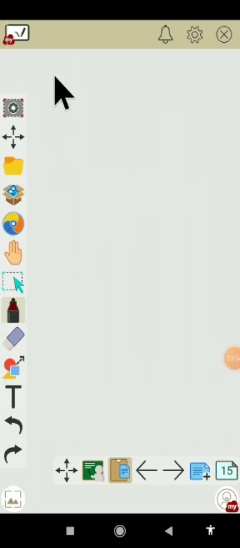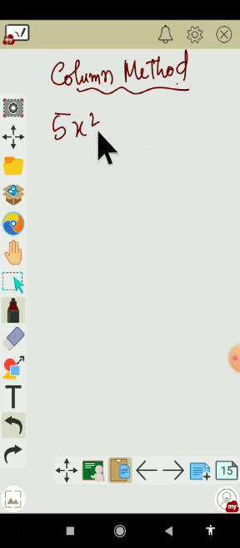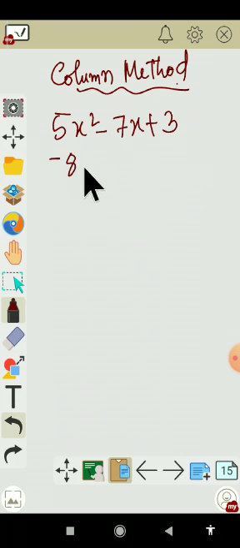Now we will use the same thing in the column method. Earlier one was the horizontal, or row, method. Now we are going to apply the column method. In this method we will write like terms one upon another, so it will be easy to add the like terms.